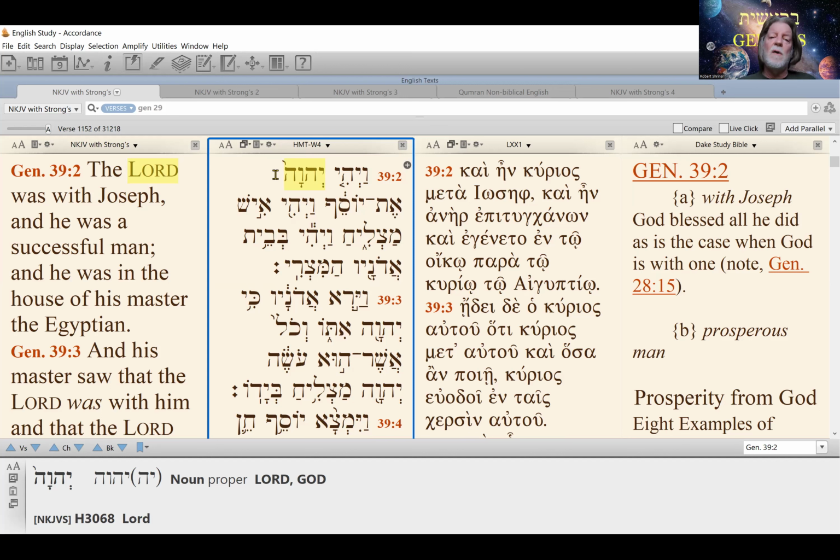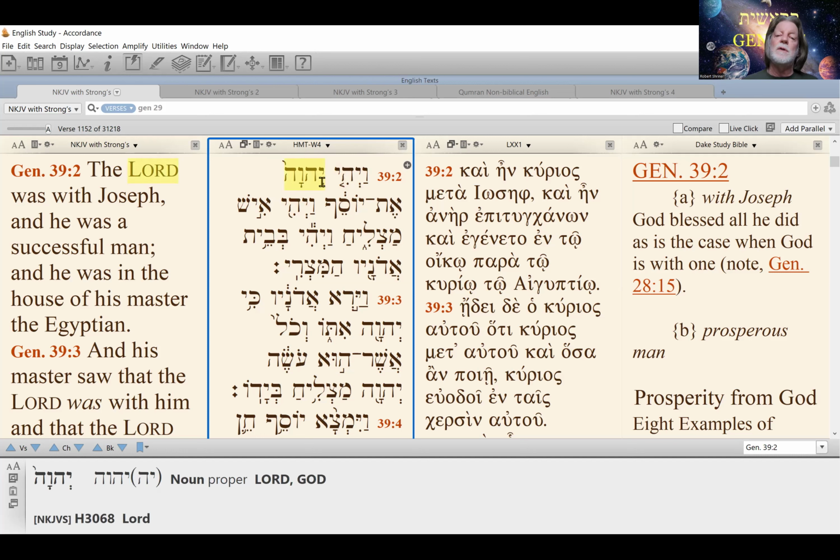And so, although these four letters, Yud He Vav He, remain in the Hebrew Old Testament, the vowels that you see here, which are a shva and a tametz here, there is also a holem, which does appear in some Hebrew Old Testament versions and doesn't appear in others.